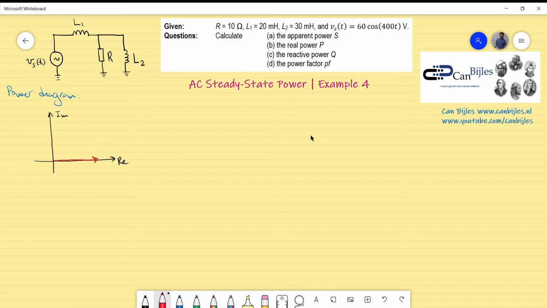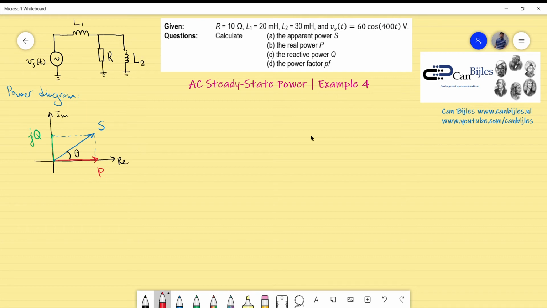The real power P, the total, will be in the plus X direction, and the reactive power in the plus Y direction, and that will be vectorially summed to the apparent power. There is also a phase between S and P that's given by theta, and if you know theta you can calculate the power factor PF.